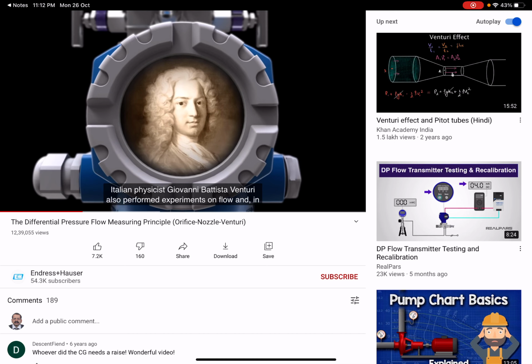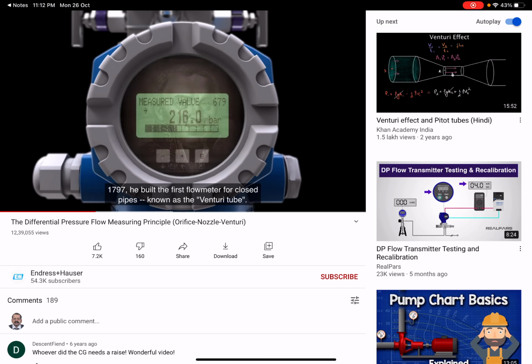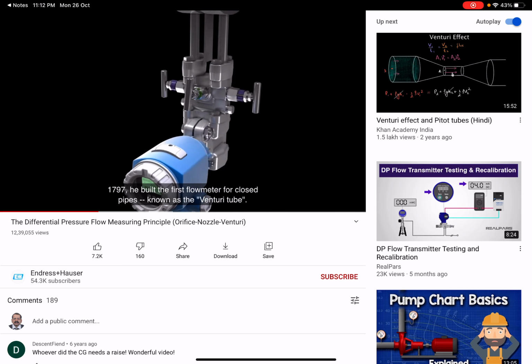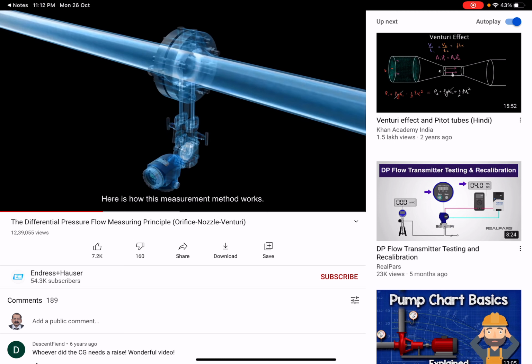Italian physicist Giovanni Battista Venturi also performed experiments on flow, and in 1797 he built the first flow meter for closed pipes, known as the Venturi tube. Here is how this measurement method works.